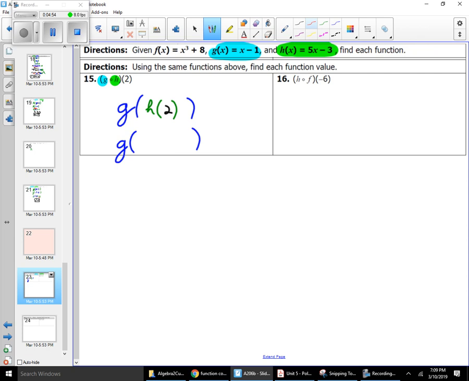So h of 2 means I'm taking my h function, which is 5 times x minus 3, but x is now 2. 5 times 2 is 10. 10 minus 3 is going to be 7. So I'm going to take g of 7.